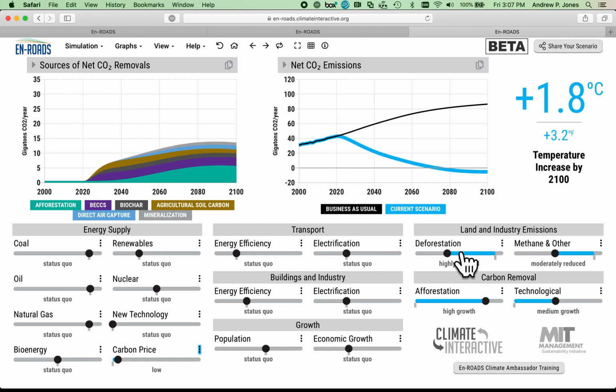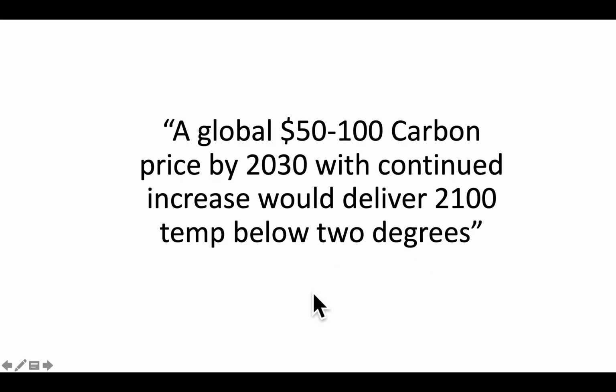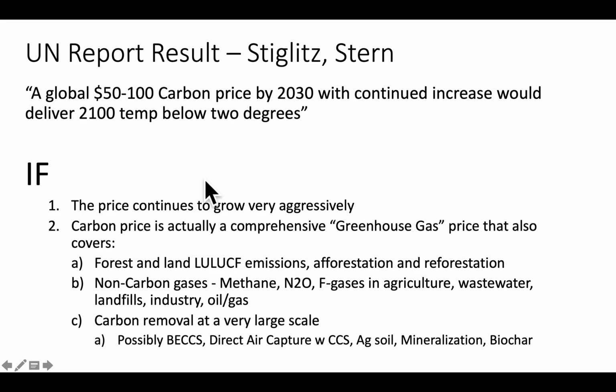So looking back at this statement, we can conclude that here's this statement: 5 to 100 by 2030 with continued increase would deliver 2100 temperature below 2 degrees if the price continues to grow, which we knew, but also it's actually a comprehensive greenhouse gas price.